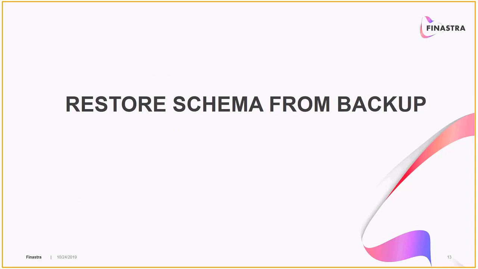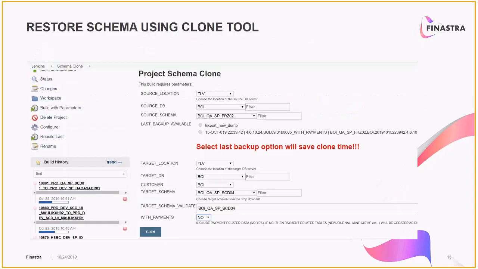One option we already saw some time back, which is the clone tool. In the clone tool, as we saw, various exported dumps are visible. So you can select whatever dump you want. With that dump you can progress.